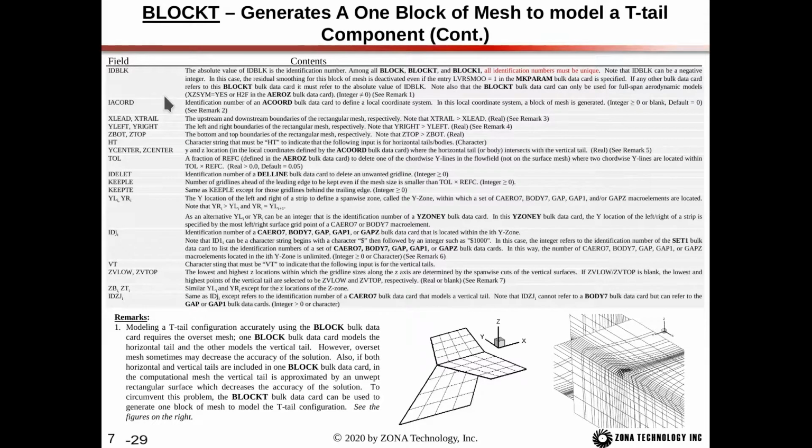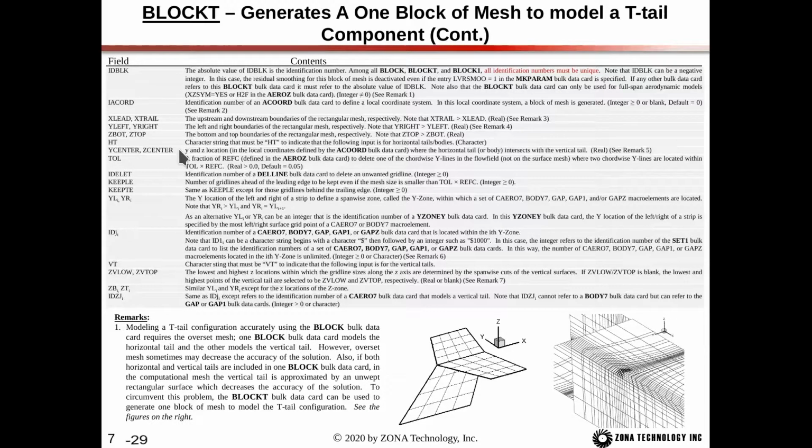If we look at our fields here, the first row is the same as the block 1, and then we have the two sections, like I said. So HT, this is a character string that is HT, which triggers ZEUS to recognize the following as part of the horizontal tail section. Then we have Y center, Z center.